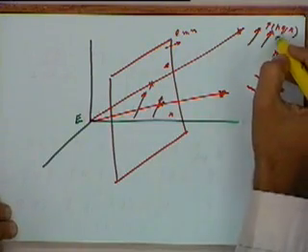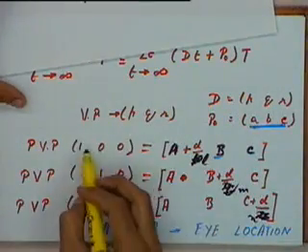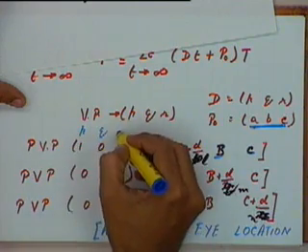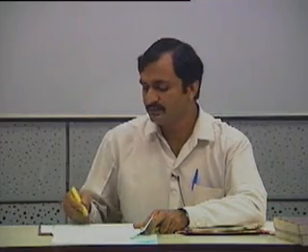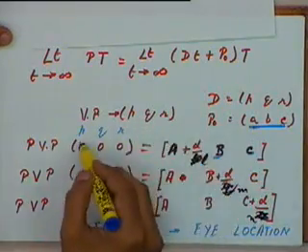PQR was for any general direction. Now the result that I have given is for the general direction 1 0 0, so this is P, this is Q, and this is R. There is no addition in D A C, 0 0 0. Everything will be with respect to the I. You can check these results. PQR will not appear because PQR was a general case and I have taken specific values for getting this result.